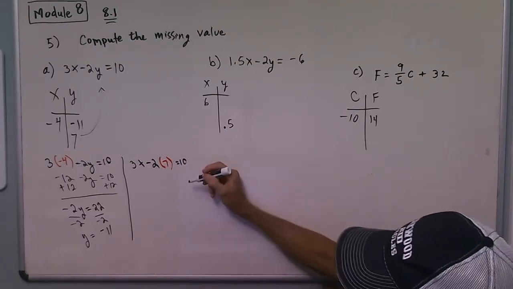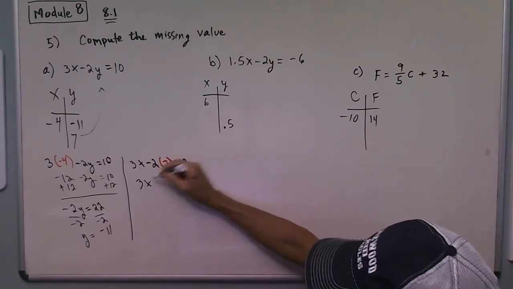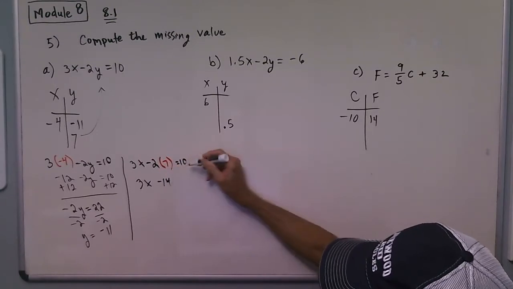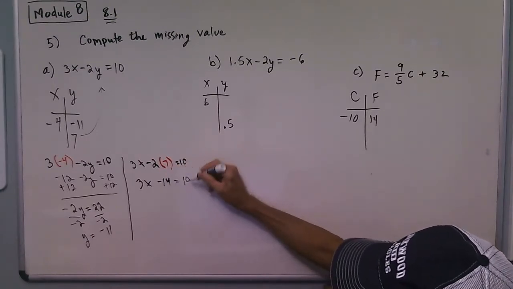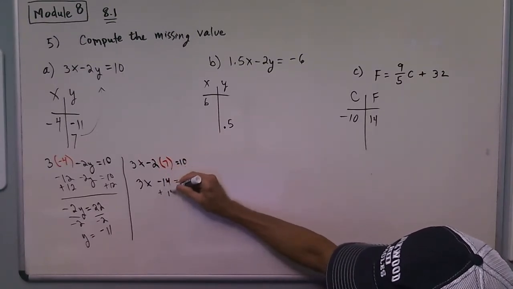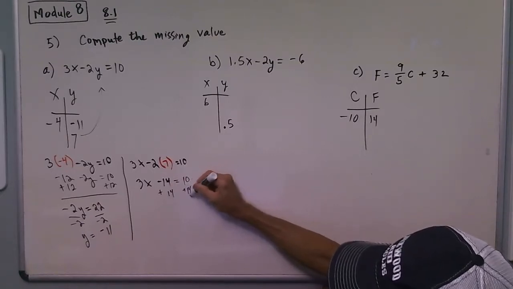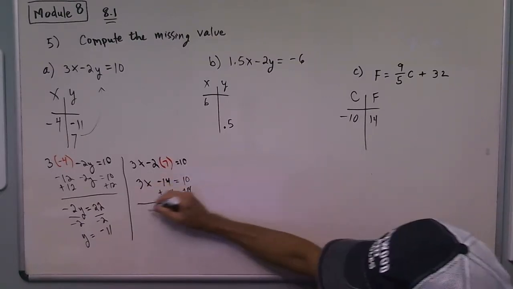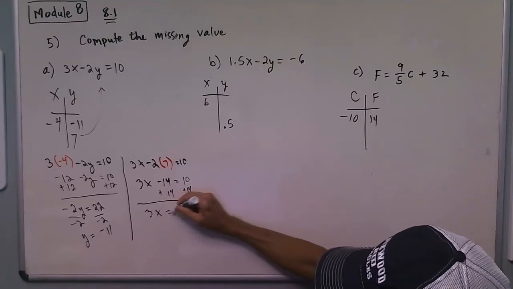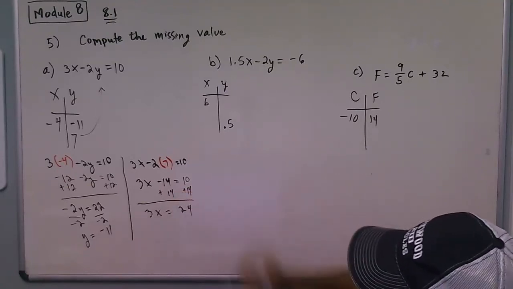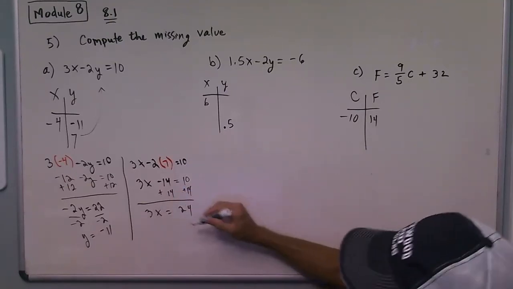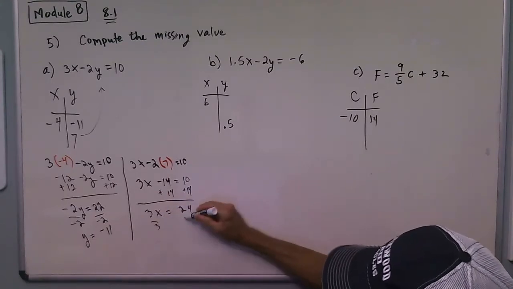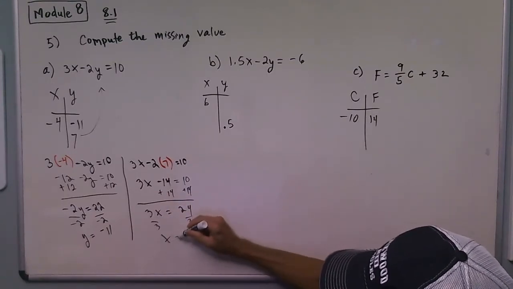Okay. And then we get 3x minus 14 equals 10. Add 14 here. We get 3x equals 24 from the 10 plus 14. And we'll divide by 3. And we get x equals 8.